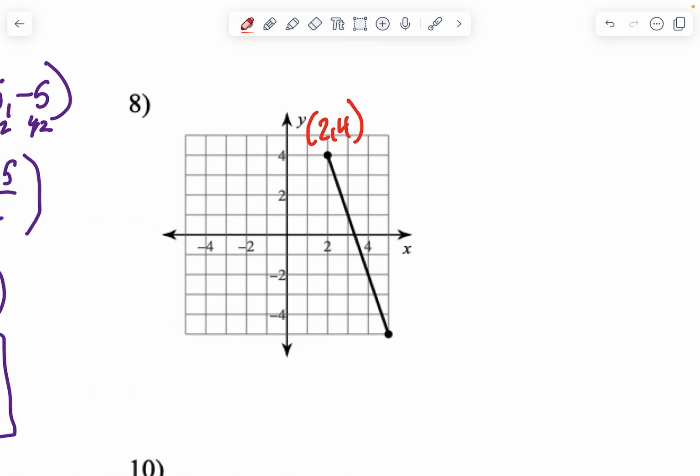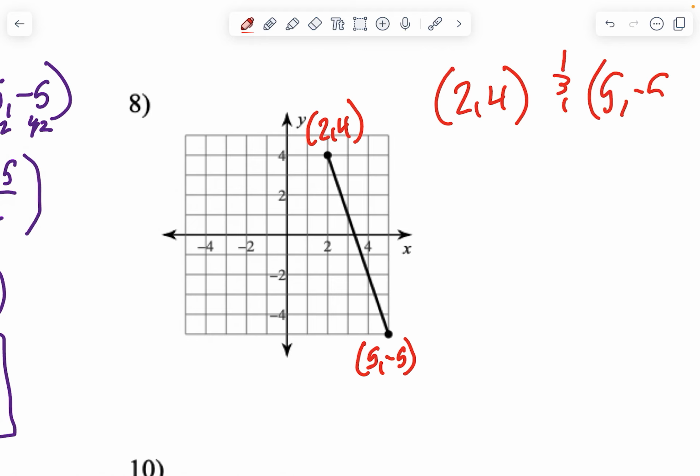But if I got the point 2, 4, and then the point, same as last time, 5, -5. Okay, great. I'm going to do midpoint formula between 2, 4, and 5, -5. So we're going to make our big point. I'm going to do 2 plus 5 divided by 2, 4 plus -5 divided by 2.